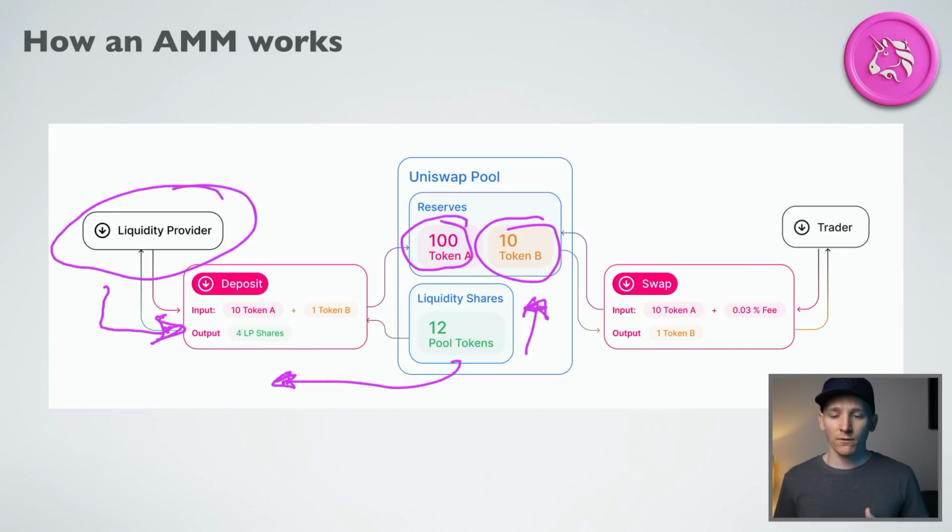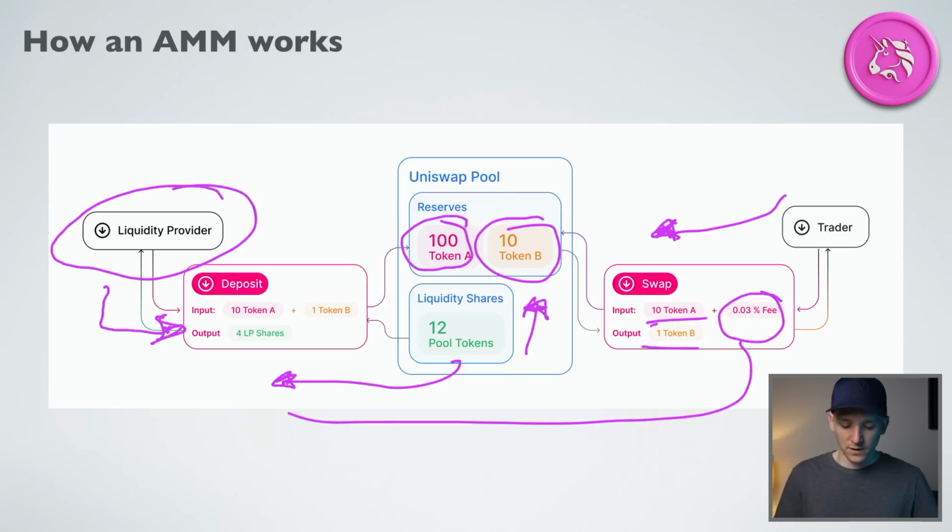Now, from a trader's point of view, when they come on, they see the ratio of the coins, they get a price, and then they swap one for the other in that ratio. And of course, they pay this fee, 0.03%. That fee obviously goes to us because we are providing liquidity.